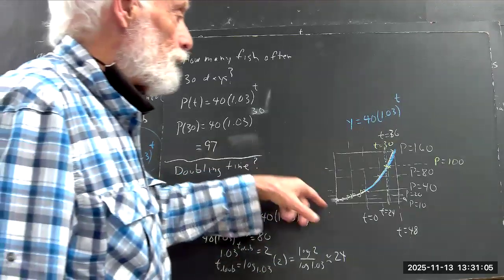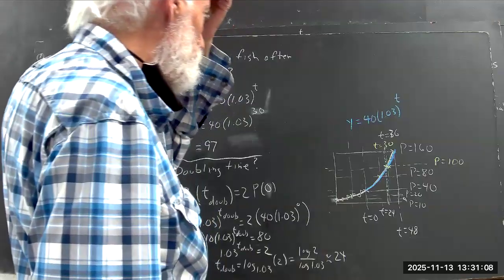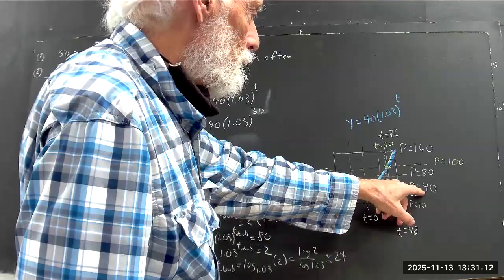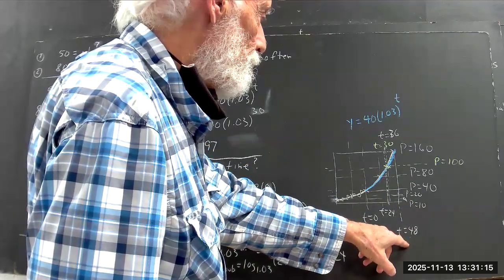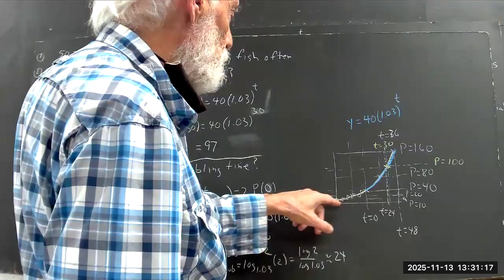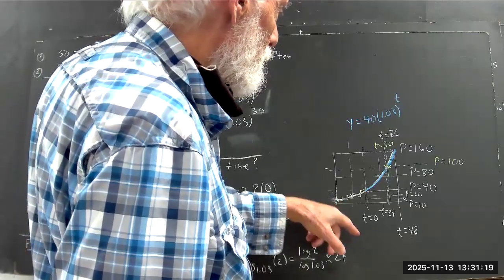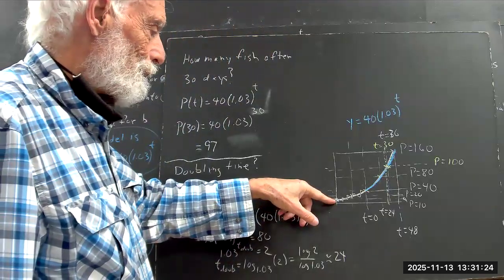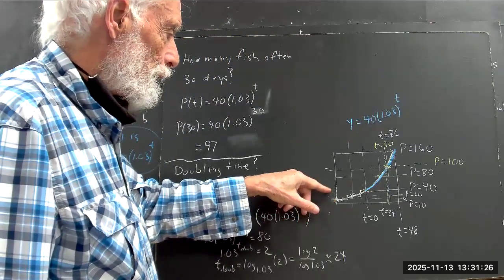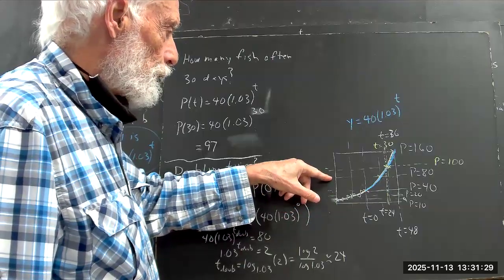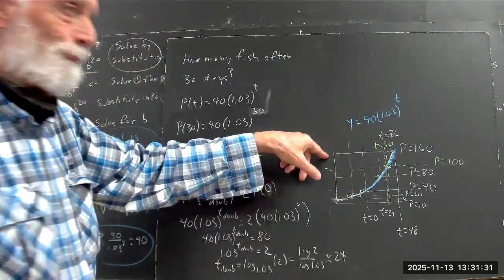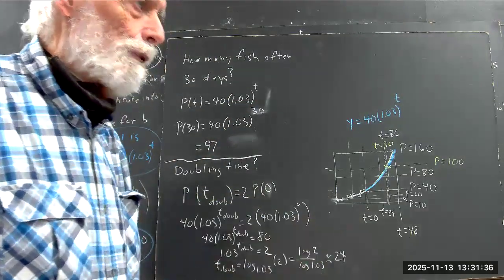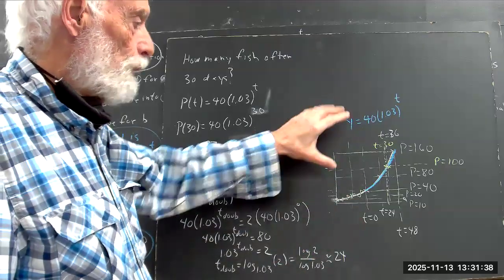And if you wanted to extrapolate this beyond t equals 48, you could actually put your t equals 0 over here and label this line p equals 40. So then this would be 80, this would be 160, this would be 320, this would be 640. Now, whether you understand that or not, if you use common sense, keep your wits about you, you can do that.